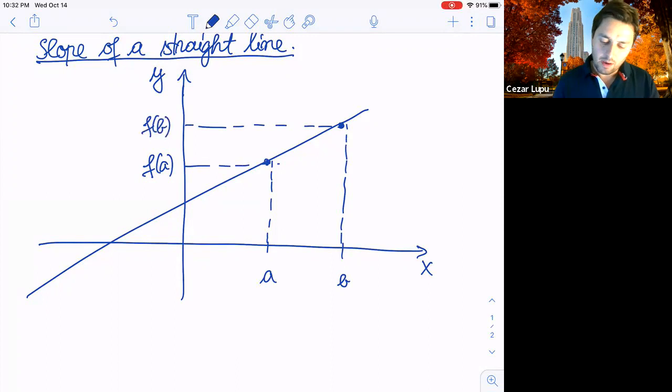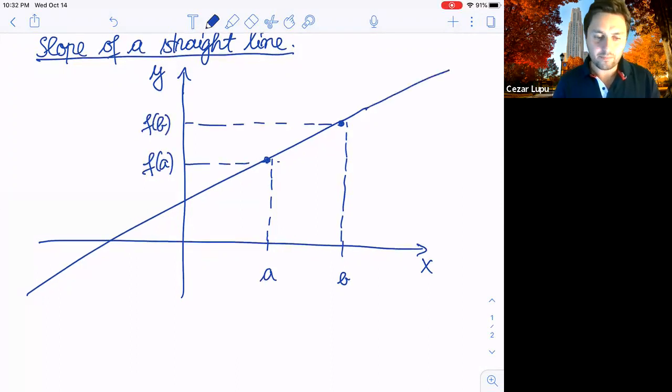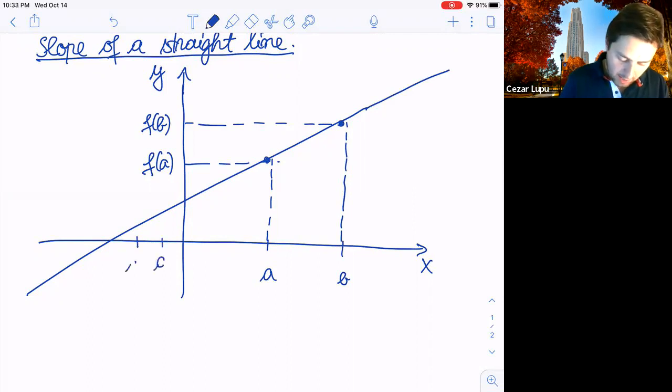Okay, and let's say here we have two other points, for example c and d. We'll have f of c here, f of d here.